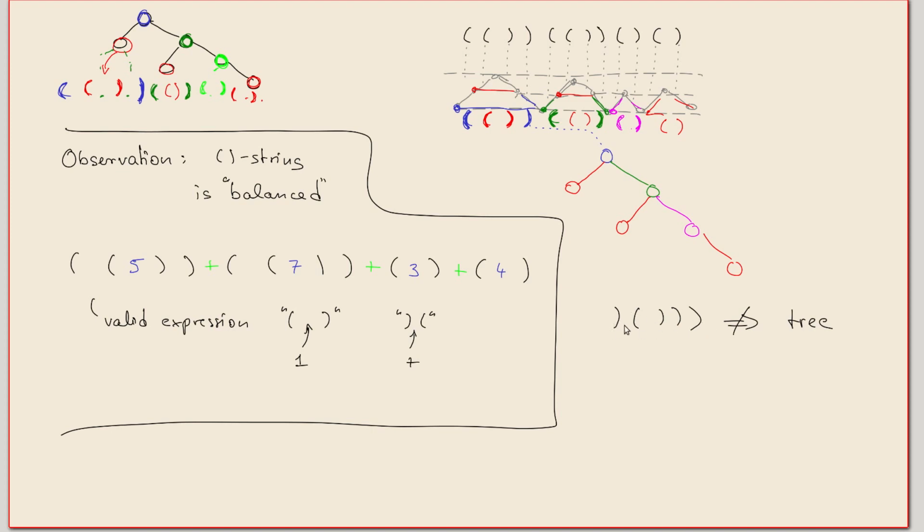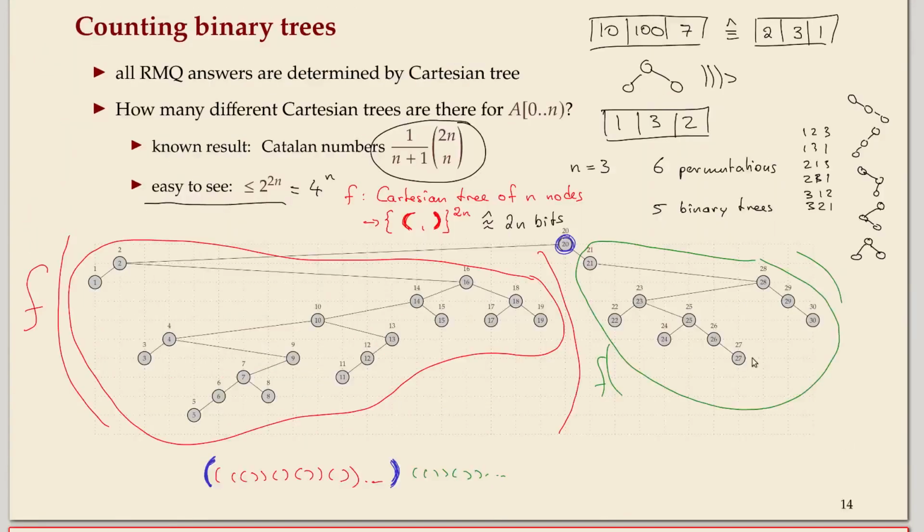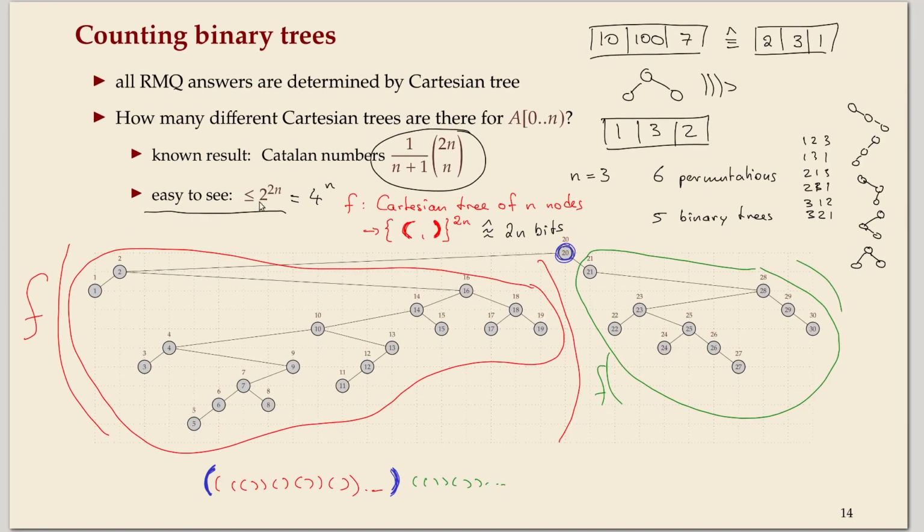There's no way how I can make this into a valid expression. It starts with a closing parenthesis. Come on, what are you closing? That's just illegal. It's not a balanced parenthesis string, so it doesn't correspond to a tree. But that's okay. Our encoding uses more bit strings than binary trees, so it gives us an upper bound of the number of binary trees.